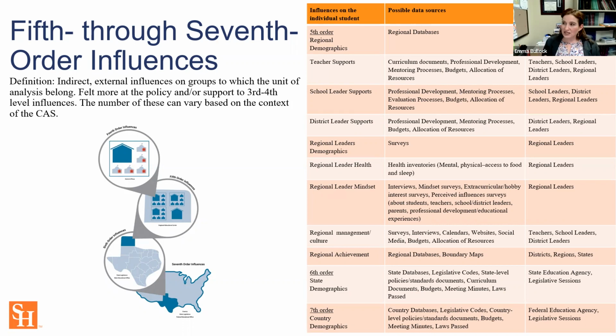But what I am suggesting is that we need to be able to justify, if we want to truly conduct research with a complexity lens, that we are collecting the data we need that captures the influences that are relevant to our complex adaptive system and the question that we're interested in.